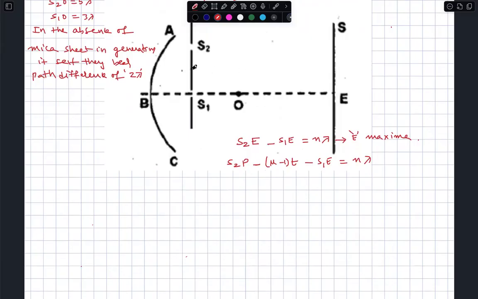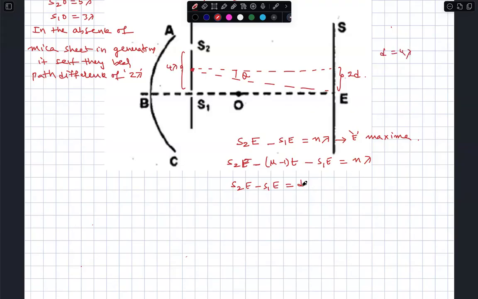The geometry part, if you take, this is 2D and this is some theta. The geometry part as S2E. Someone asked me S2E minus S1E geometry wise. I would have written this simply as they are separated by a distance of 4 lambda. So D is 4 lambda here.